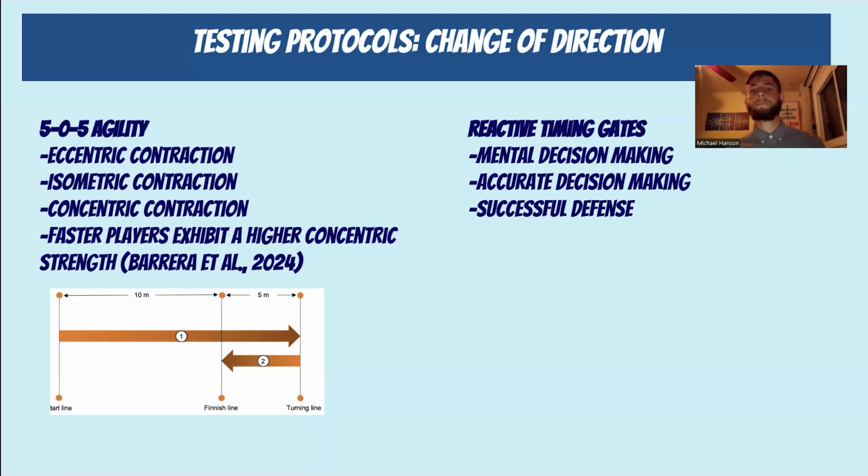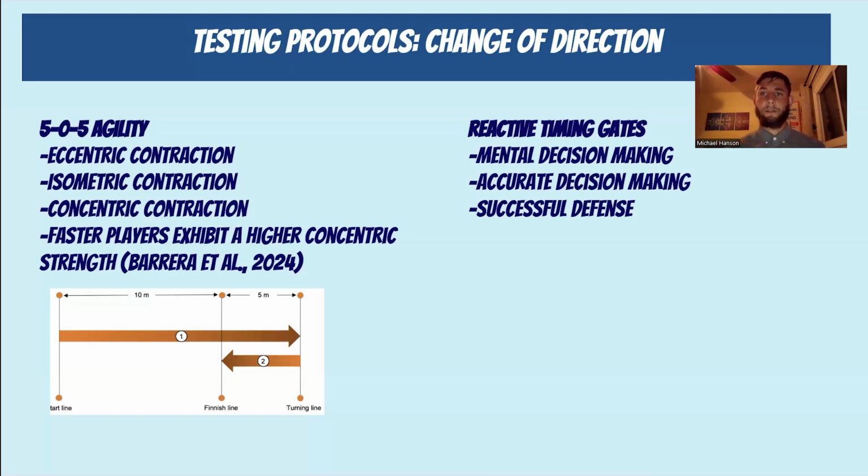We have to be able to make that quick reaction, assess that, see how good our guard is at that. So how this is going to look is the player's going to start at one set of gates here. They're going to run through a second set of gates that is 5 meters from there. Once they get through this gate, there is going to be a stimulus either on their left side or right side. It's just going to be a light that lights up, and then they have to run through the gates on the corresponding side. As soon as they start moving through that timing gate, the time starts.